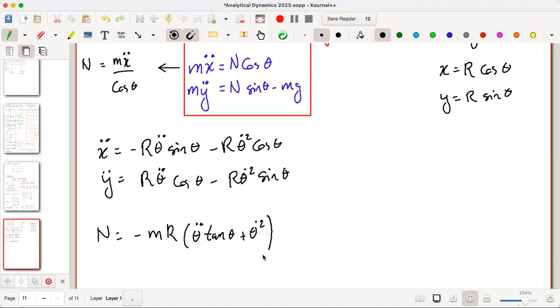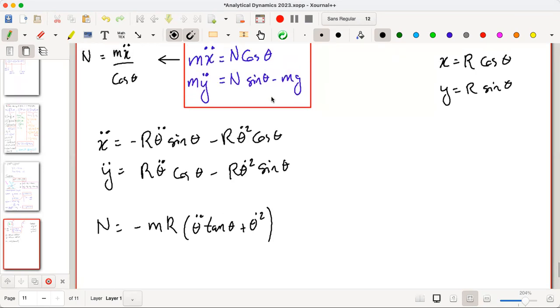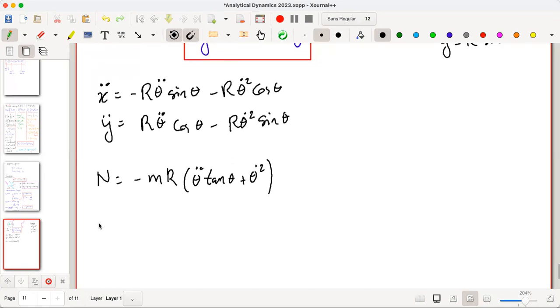Okay. So let's insert this into the y double dot. The y double dot here is just m r.